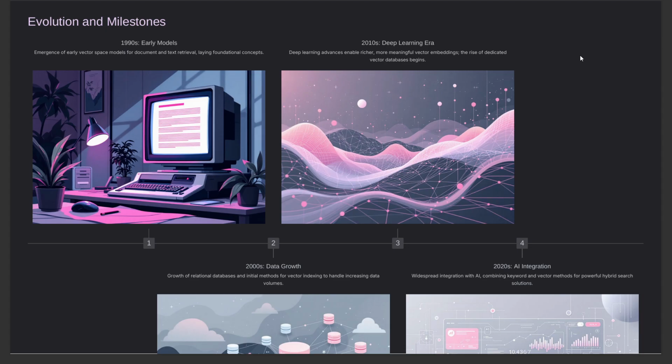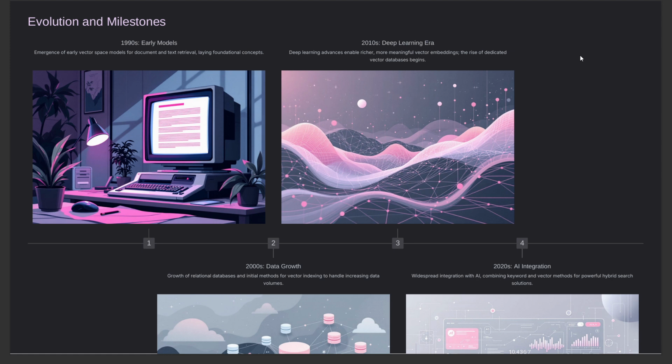As data exploded, researchers began working on vector indexing techniques to make searches faster and scalable, especially with relational databases. 2010s, deep learning. Deep learning revolutionized everything.